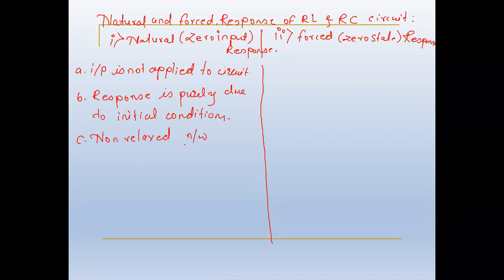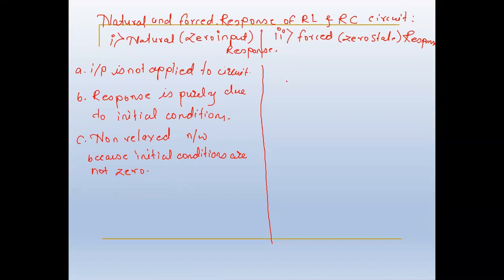Why is it known as a non-relaxed network? Because initial conditions are not zero. This type of response is also known as the natural response.